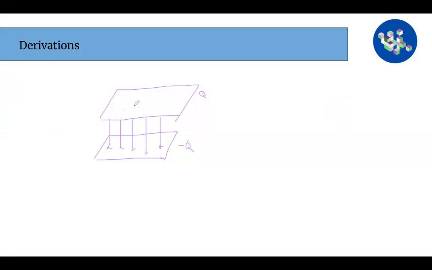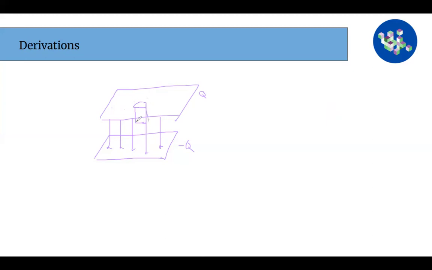So let me draw my Gaussian enclosure. I'll draw an enclosure that looks like this, straddling the plate, and it's a cylinder.